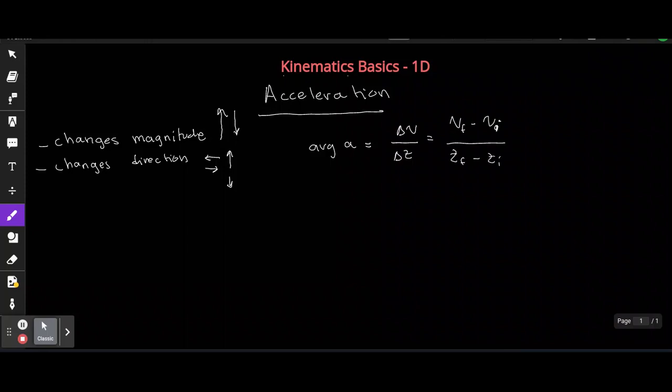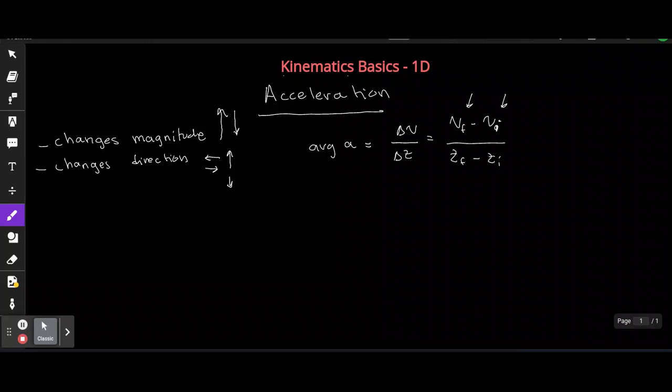This gives us our average acceleration. And because we know that velocity is a vector, we know that acceleration is also a vector. And the reason that changes in direction can give us acceleration is because velocity can change based on its direction, because we know that it's a vector.